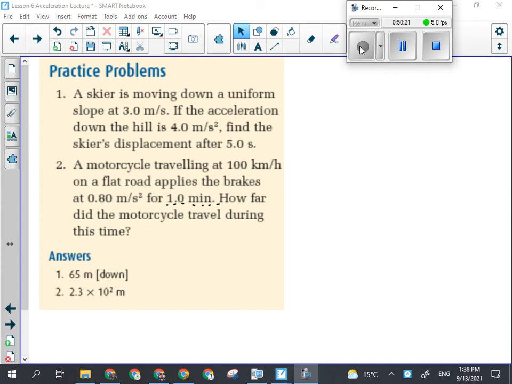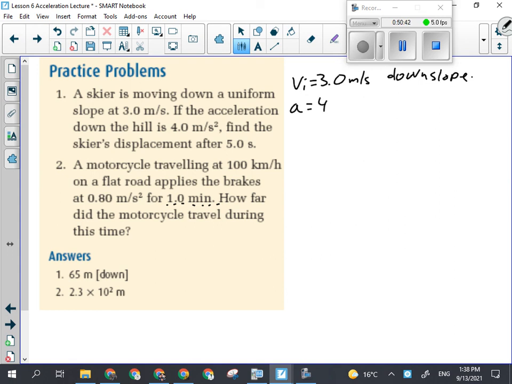So for question number 1, skiers moving down a uniform slope at 3 meters per second. So that is probably VI. Okay, the acceleration down the hill is 4 meters per second squared, same direction, down slope.